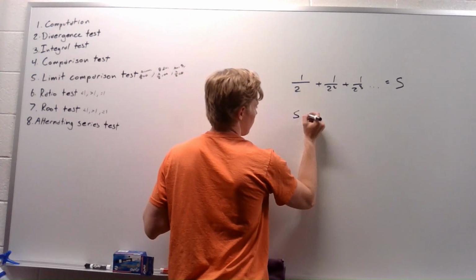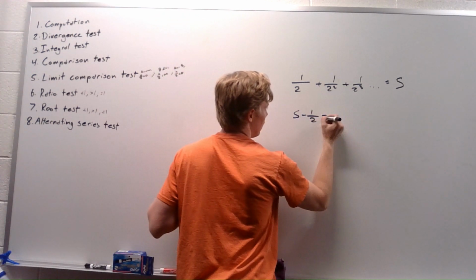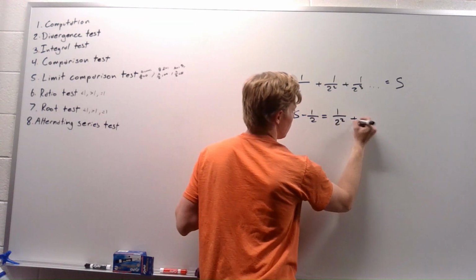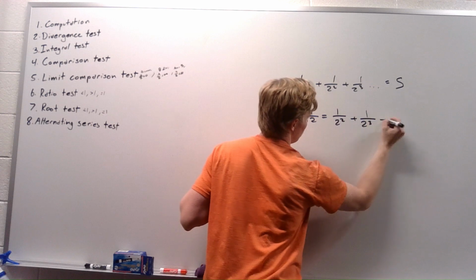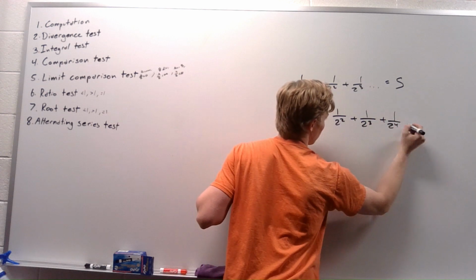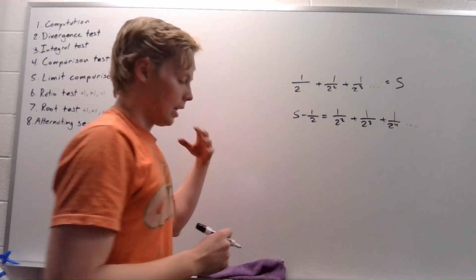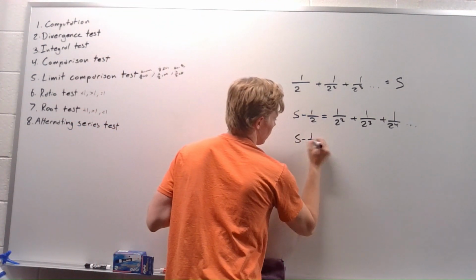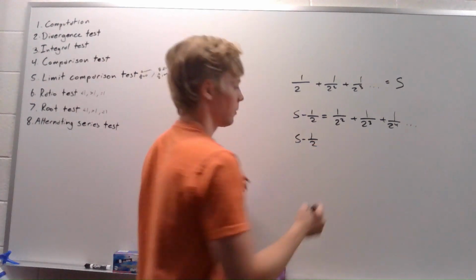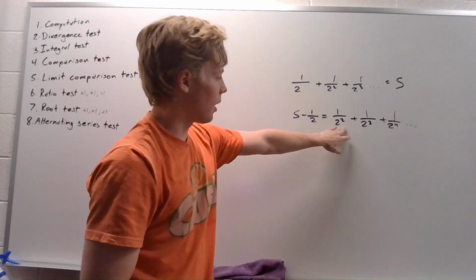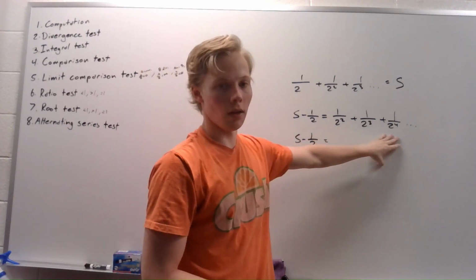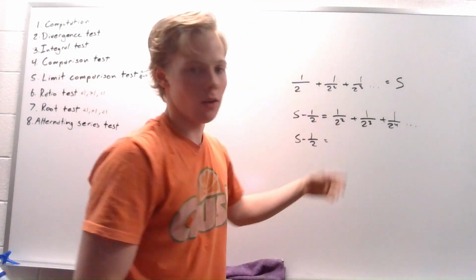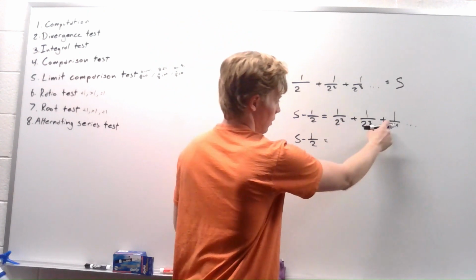So we get s minus 1 over 2 is equal to 1 over 2 to the 2, plus 1 over 2 to the 3, plus 1 over 2 to the 4. And here is a trick. So if you have s minus 1/2, you can take out a common factor from all of these. And so a factor that all of these share in common is 1 over 2, because this is 1 over 2 to the 2, 1 over 2 to the 3, 1 over 2 to the 4.